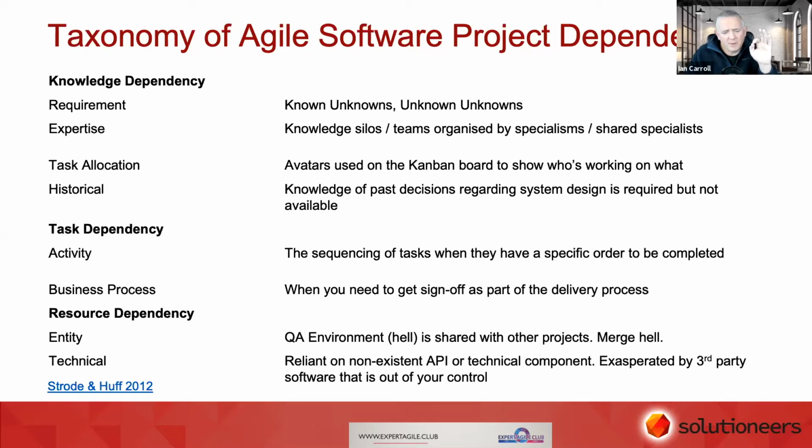Now, the next concept we want to talk about is this idea of teams. What do we mean by teams? Actually, a lot of the dependencies come from poor organizational design, or maybe just evolving organizational design. And what I mean by design is, what is the purpose of each team?